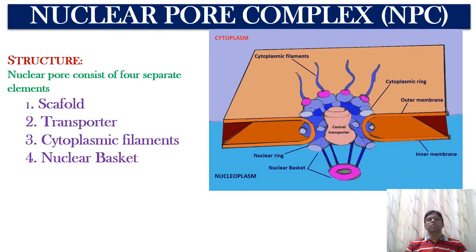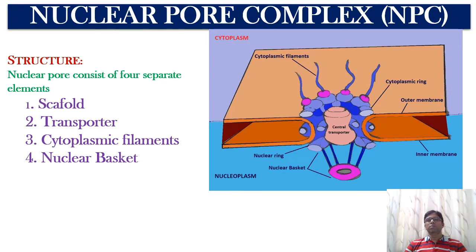Transporter is the central hub which carries out the active transport of proteins and RNAs. The cytoplasmic filaments are short, thick filaments attached to the cytoplasmic side of the pore. And the nuclear basket is attached to the nucleoplasmic side of the pore.